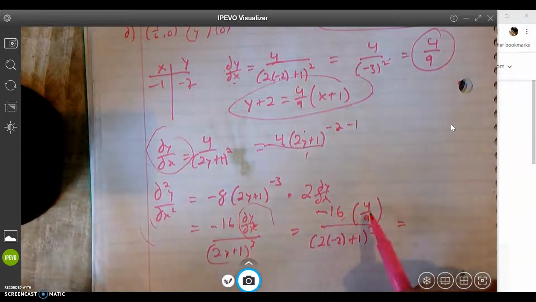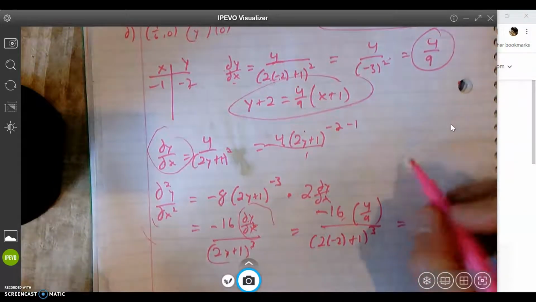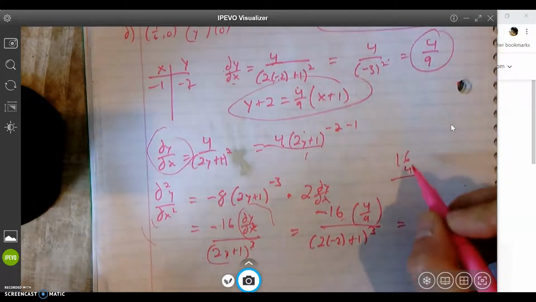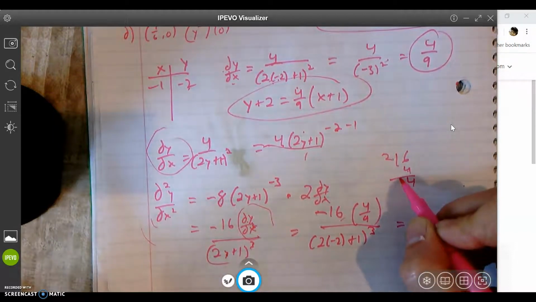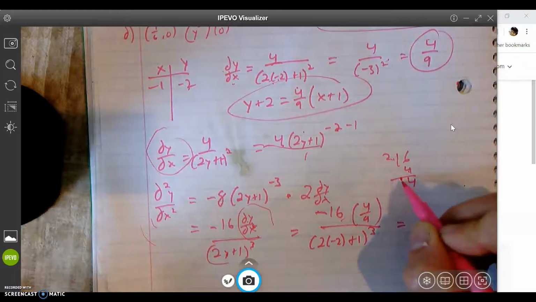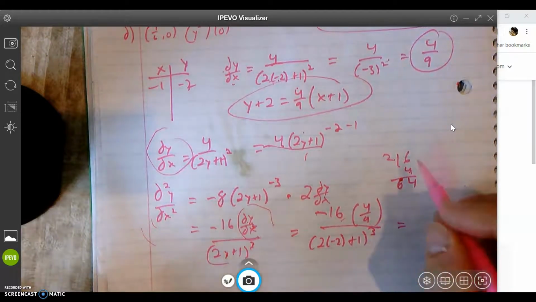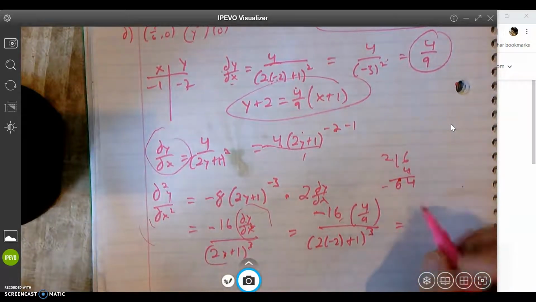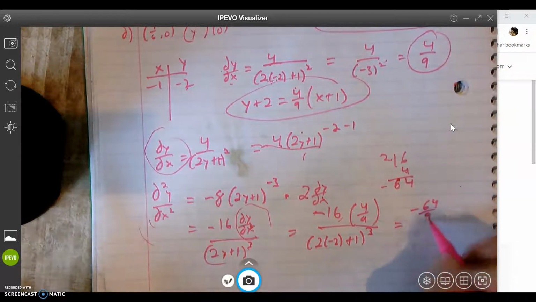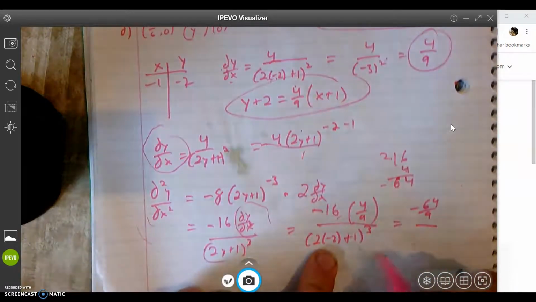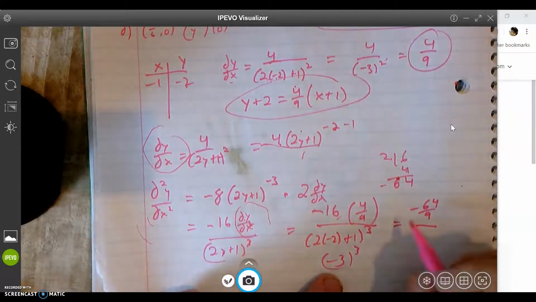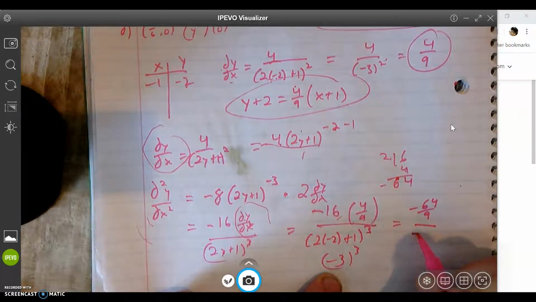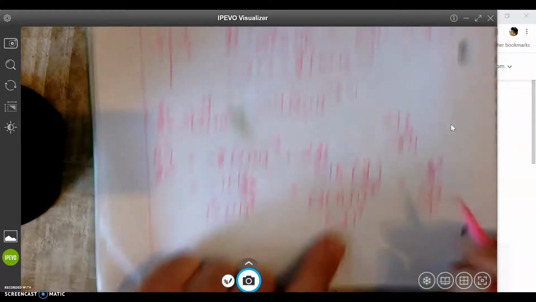So negative 16 times 4. You can use a calculator when you do this on your AP. That's 64, and negative, so it's negative 64 over 9. And this is going to be negative 3 to the third, which is negative 27 over 1. So now I simplify that a little bit more.